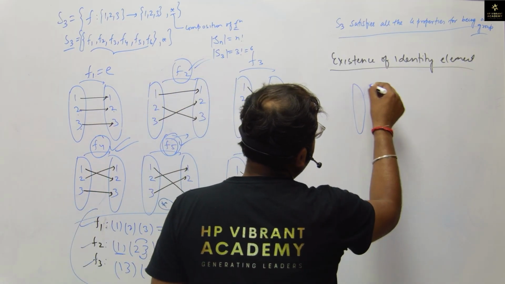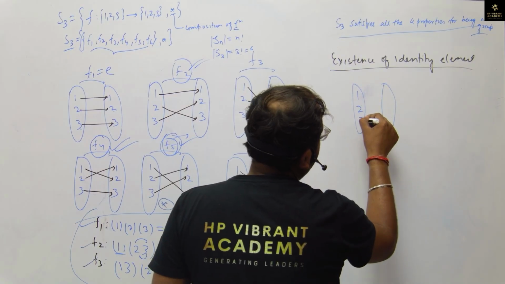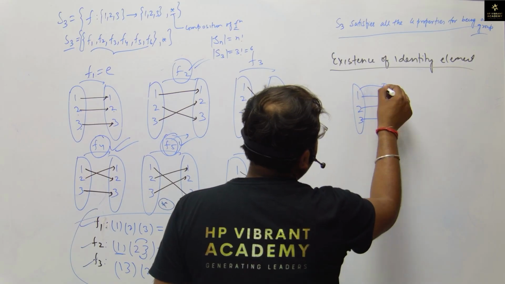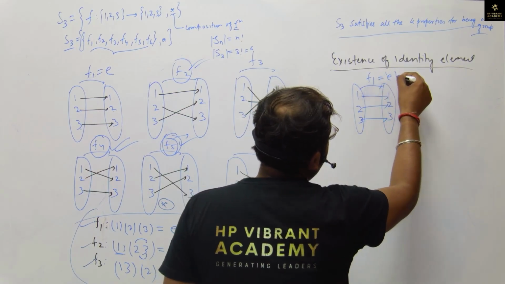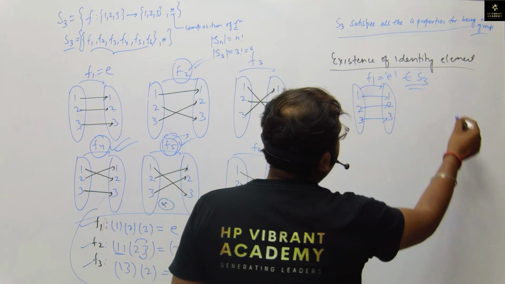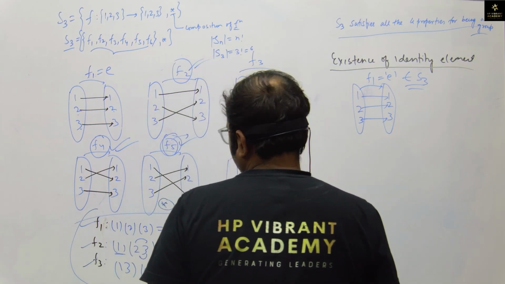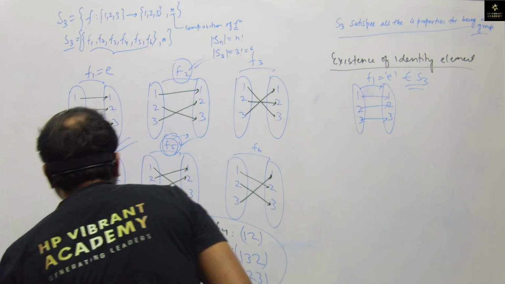We have the mapping like this: 1 2 3. So 1 goes to 1, 2 goes to 2, 3 goes to 3. This is nothing but the identity element. f1 is the identity element, and this is contained in S3. This means S3 has an identity element. Now we have to show every element has its inverse.